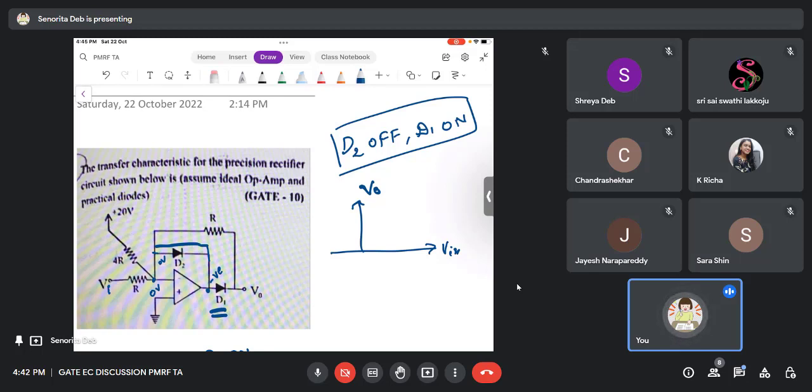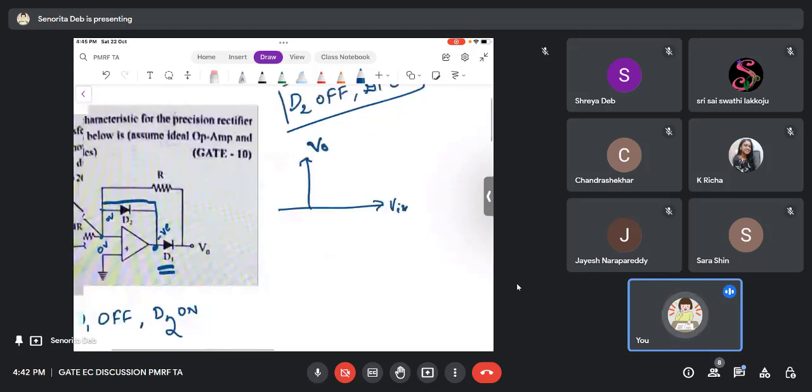Otherwise, I cannot make D2 on. And if that goes negative, it is connected to P of D1. Therefore, D1 is off. So therefore, I now start with the other approach where D2 is off, D1 is on, and that makes my circuit pretty simple.